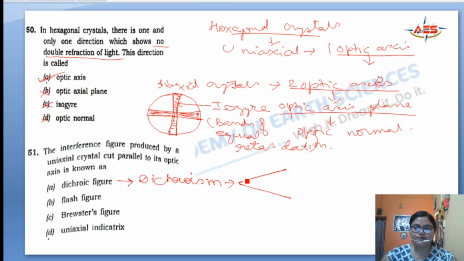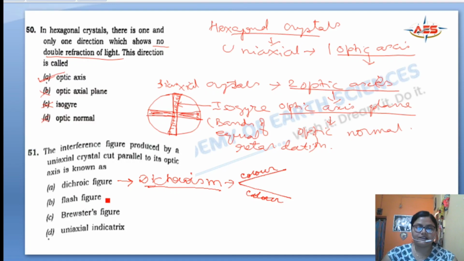So there are two different colors. Here you get one color in this direction, and another color is produced in the other direction. Two different colors in two different directions in those minerals. That is called dichroism, and generally the dichroic figure shows the property of dichroism.